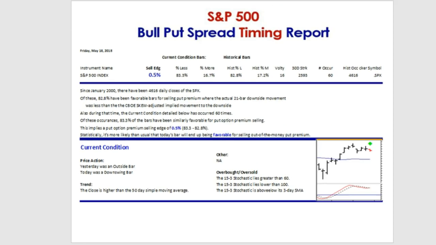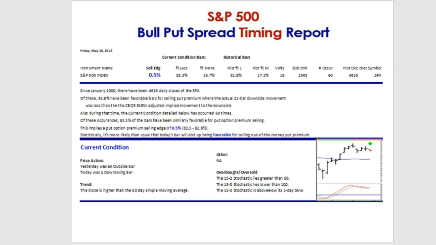Let's go to the bull put spread timing report. Here we're looking at the notion of selling puts a standard deviation away 30 days out, and we're just looking at the statistics behind that relative to our current market condition.